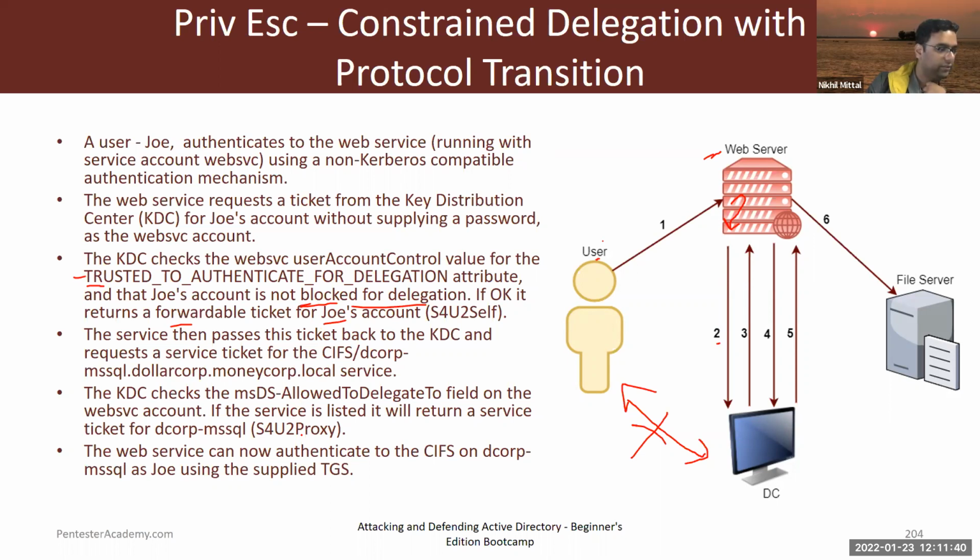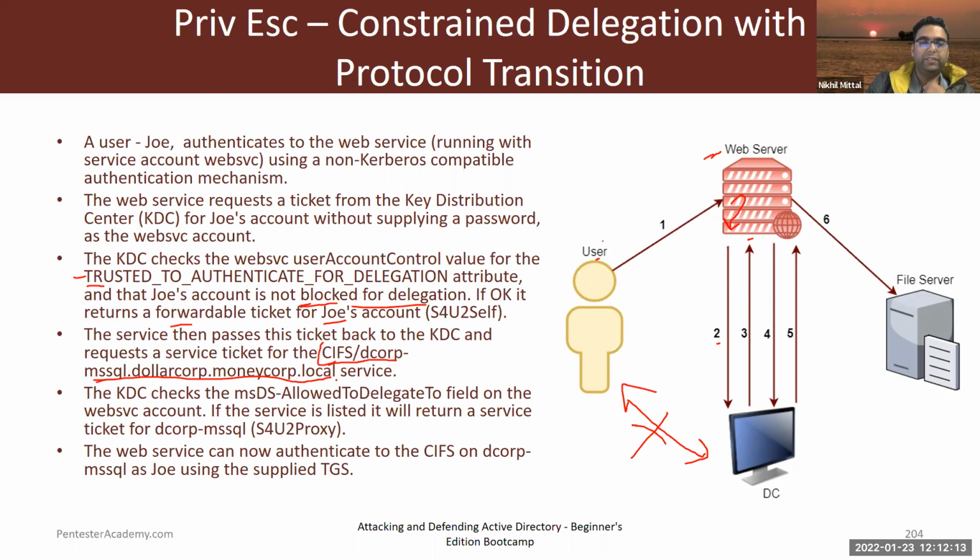All right. This is problem number one with constrained delegation with protocol transition. Now, at the end of step three, the service account then sends this ticket back to the KDC and requests a service ticket for this service. What is this service?